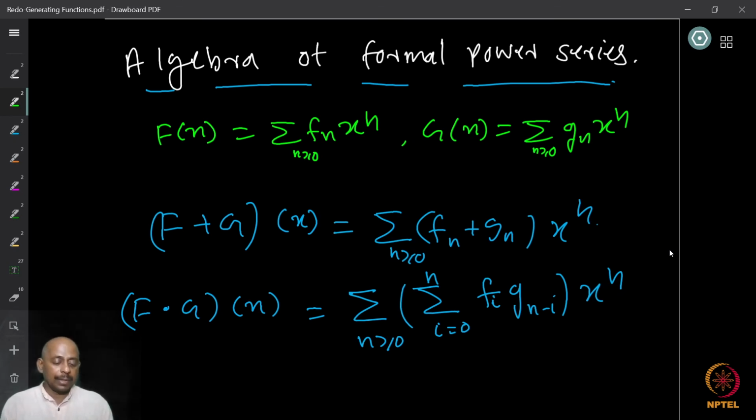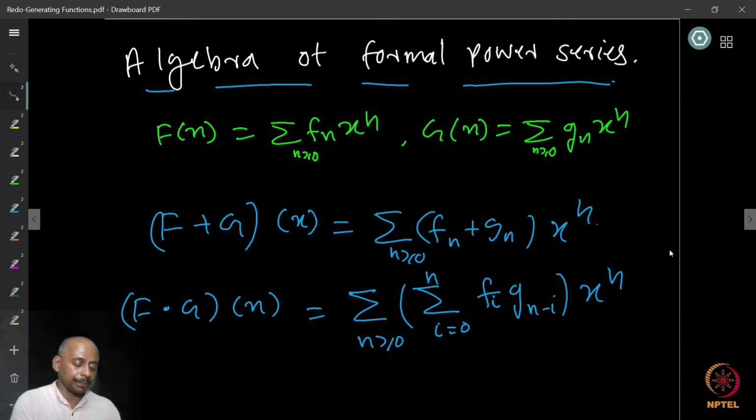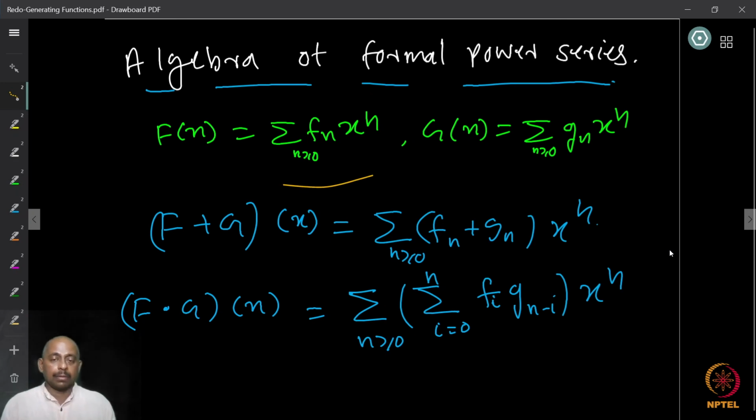Okay. So given two series, let's say f of x is equal to the summation of f_n x raised to n, which is the first series. Then you have another series g of x, which is the summation of g_n x raised to n. Now, given these two, I can define the sum of the series f of x and g of x, which is (f plus g) of x. So f plus g is the sum.